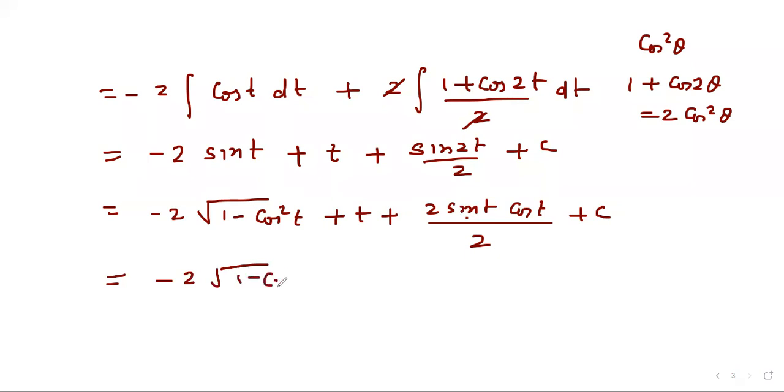The 2 will cancel out, root of 1 minus cos square t times cos t plus c.